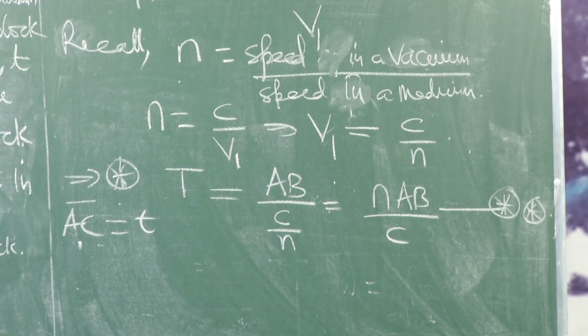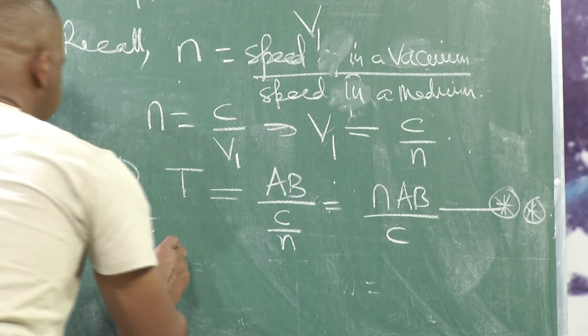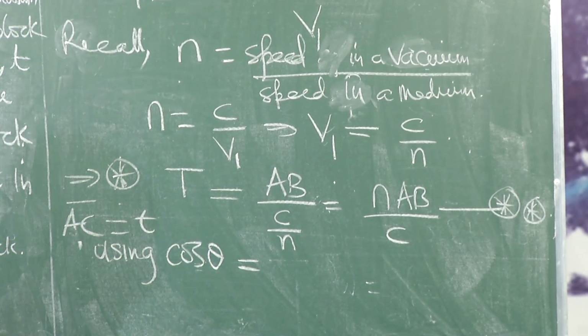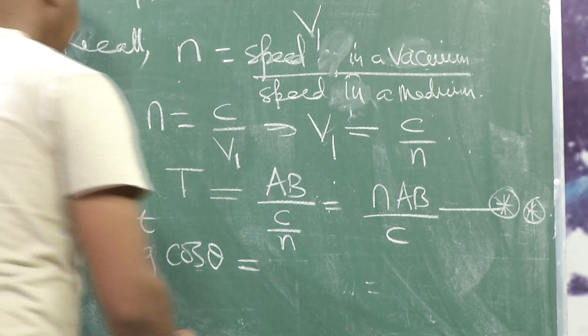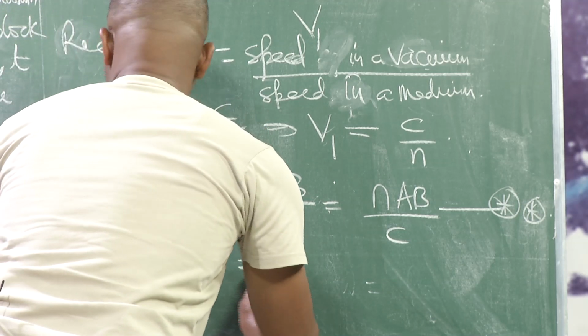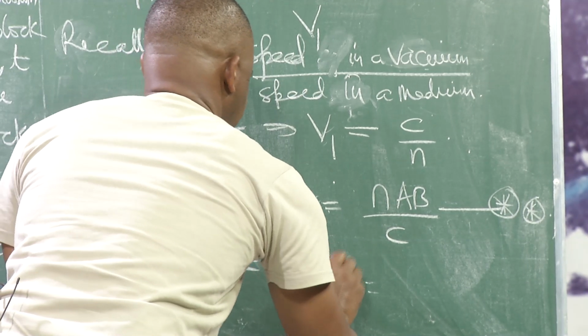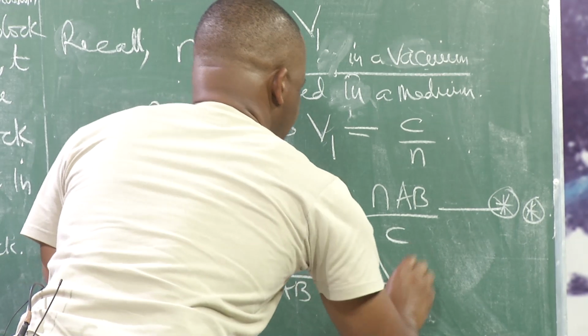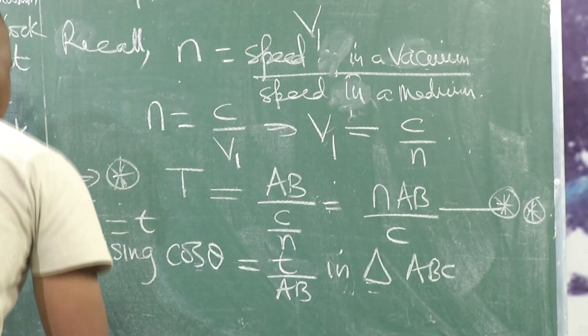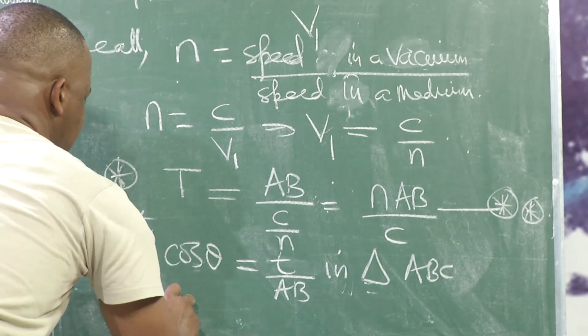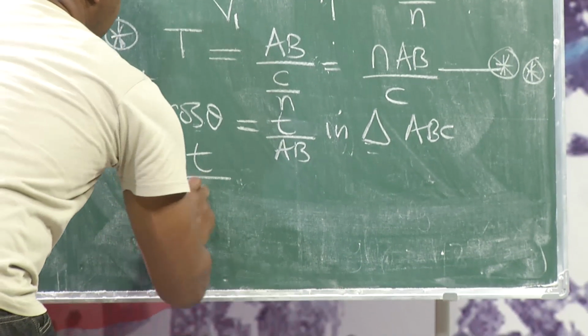That is still our thickness. I am going to use a trig function that can help me find AB. Using cos, the cosine of theta in this triangle ABC would be equal to the adjacent, which is t, over the hypotenuse, which is AB, in triangle ABC. This implies that, if I make AB the subject, I'll get it as t over the cosine of theta.